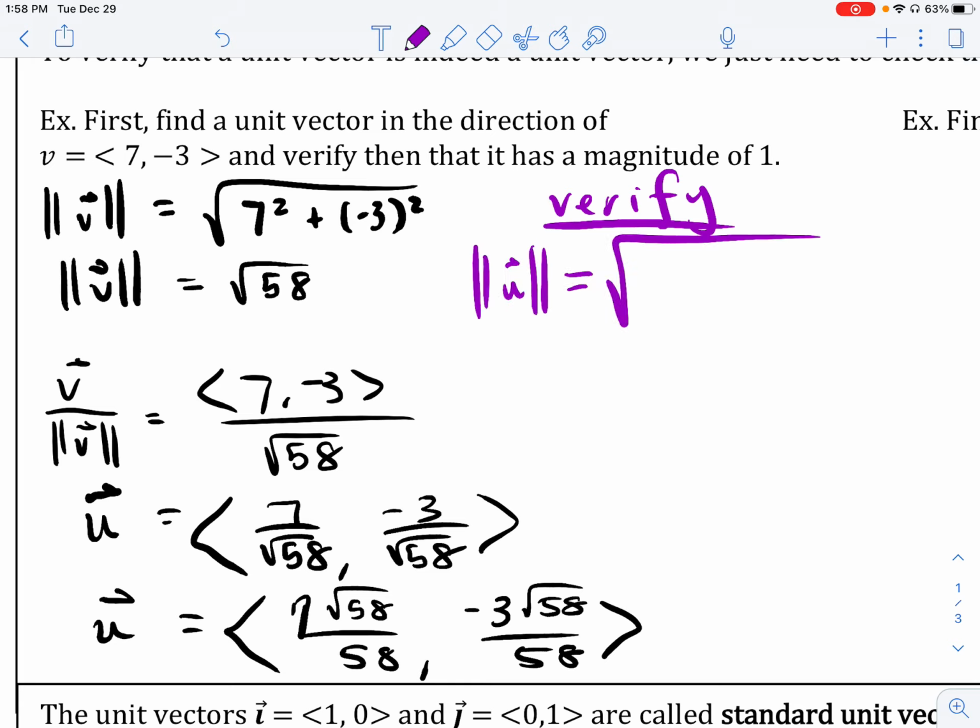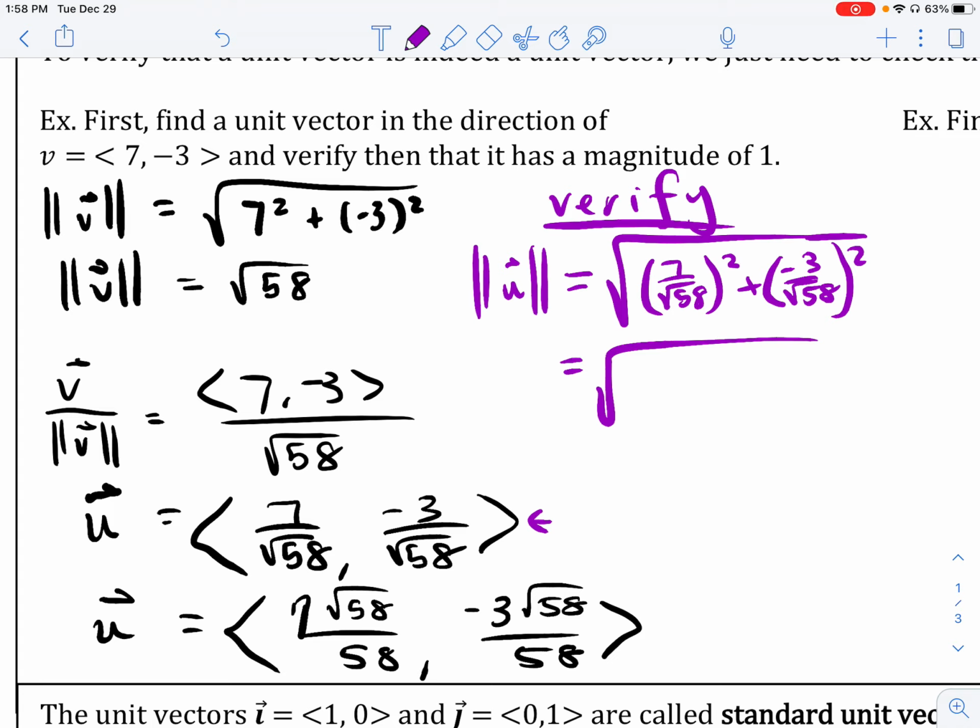If I do the distance formula, you can see now why it's easier to work with our non-rationalized form, because I can just say 7 over root 58, all of this squared, plus -3 over root 58, all of this squared. Having it non-rationalized allows me just to write this as 49 over root 58 squared, which is 58, plus -3 squared, that's 9 over 58.